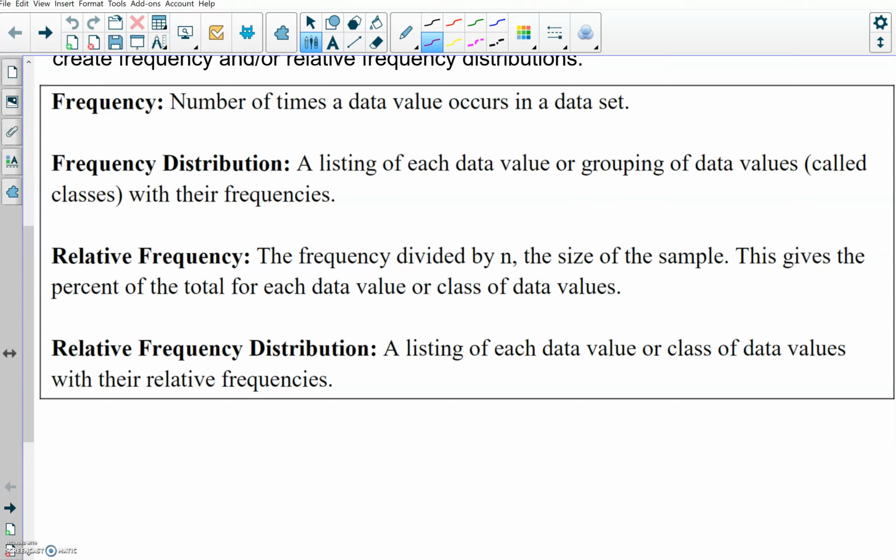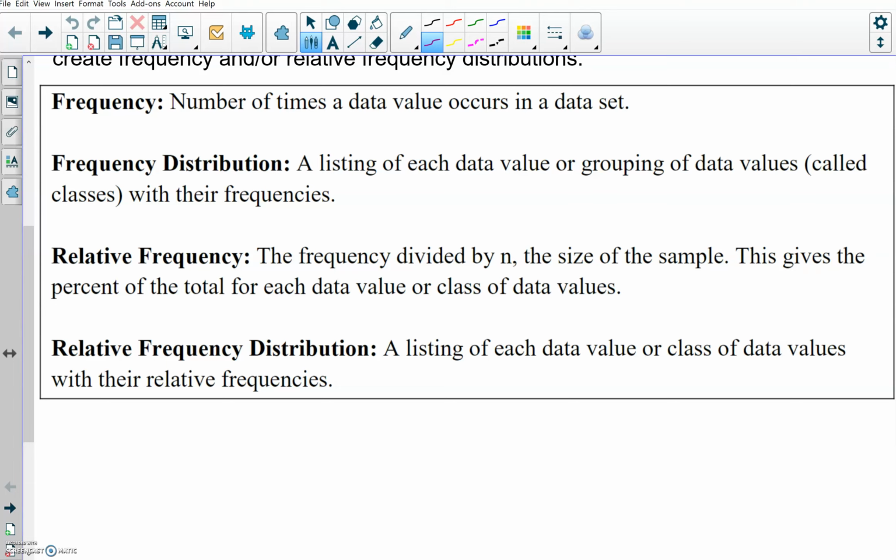A frequency distribution is a listing of each data value, or grouping of data values called classes, with their frequencies. We'll see more about classes when we get into histograms. So you're basically making a table that organizes all the different data values showing up in your sample and the frequency of each one.